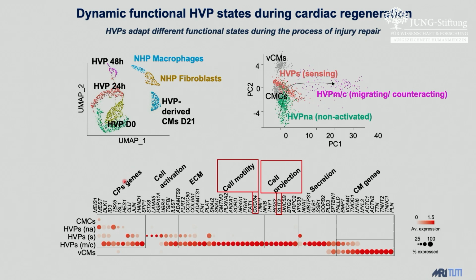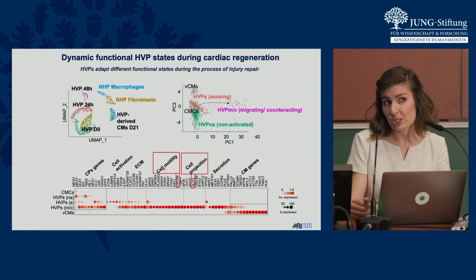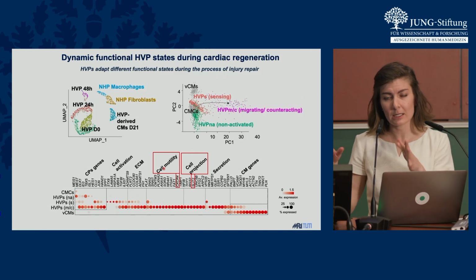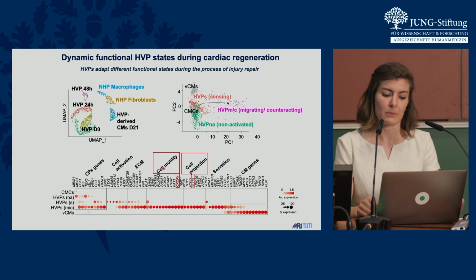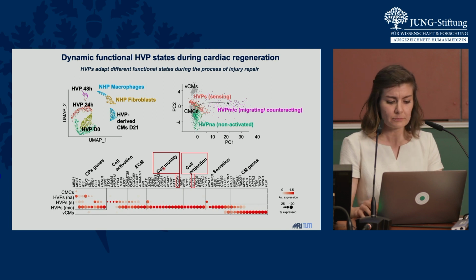But then 1 day after injury, they go over to a sensing state, which we called, because they express cell activation and ECM genes. And then later on, after 48 hours, these cells really highly expressed cell motility and cell projection genes. So we call this a functional state of migration and counteraction, because ultimately they differentiated to cardiomyocytes once they landed in this injury region.